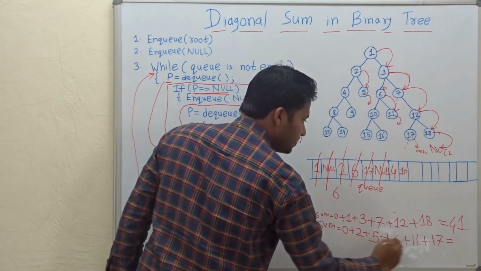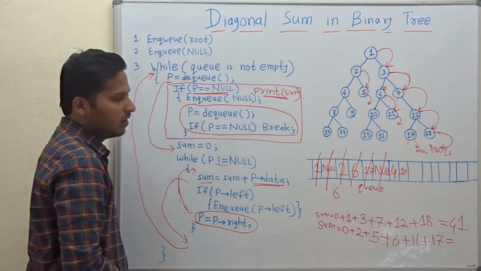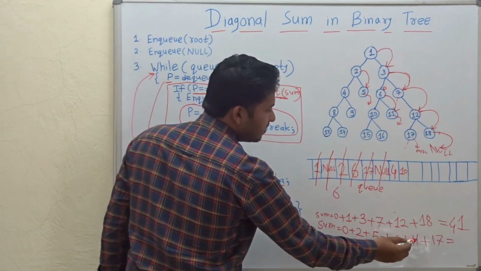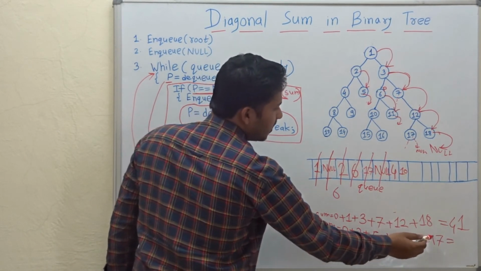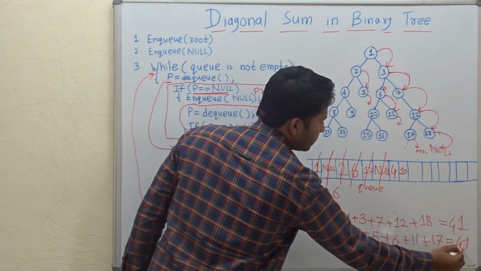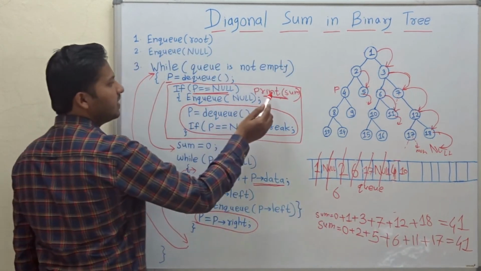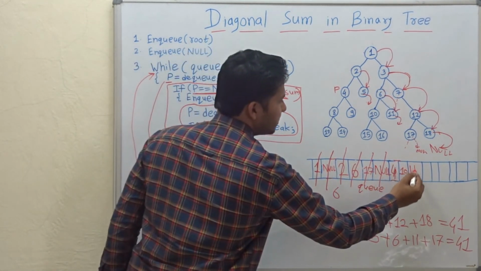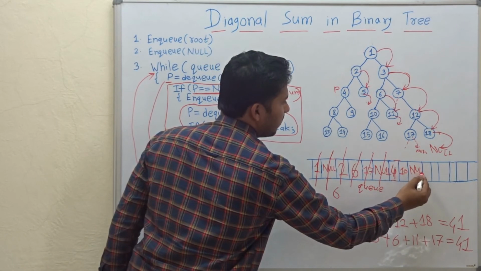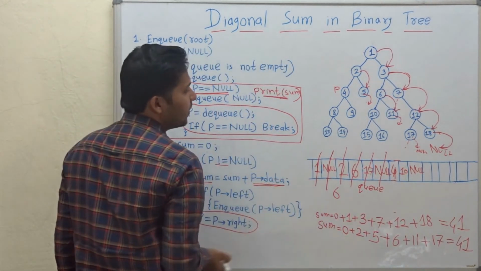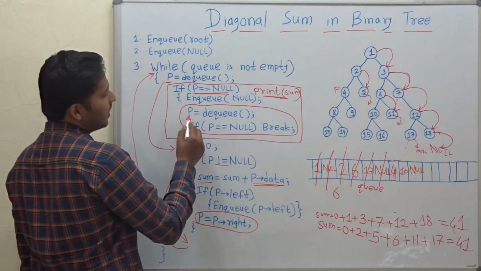So let's do it. 2 plus 5 is 7, plus 6 is 13, plus 11 is 24, 24 plus 17 is 41 again. We print that sum here, and we have to enqueue null again for tracing the next diagonal. So I have enqueued null here, and now again I dequeue.